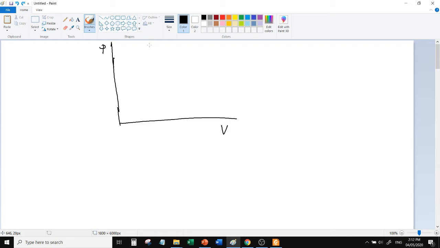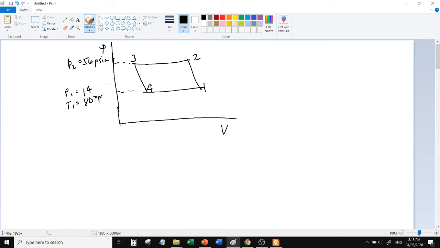Meron tayong P2 daw is 56 psia, P1 14 psia, T1 80 degrees Fahrenheit.